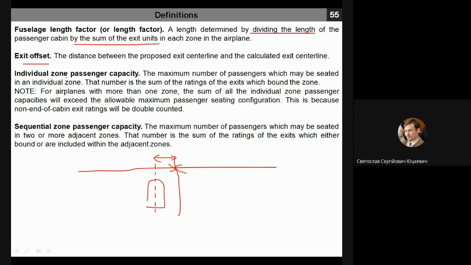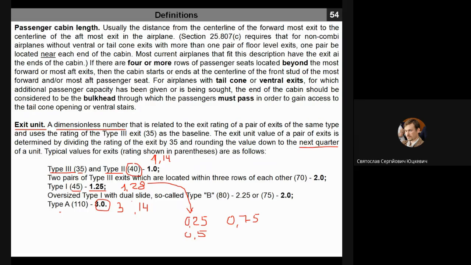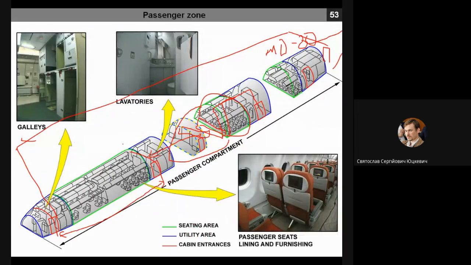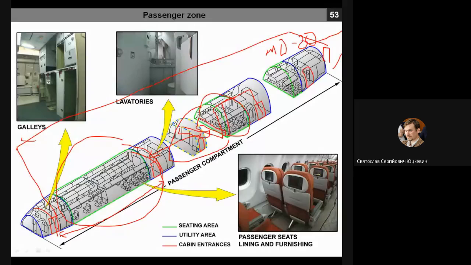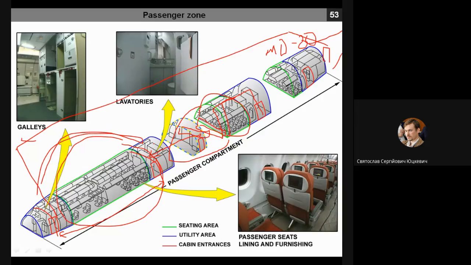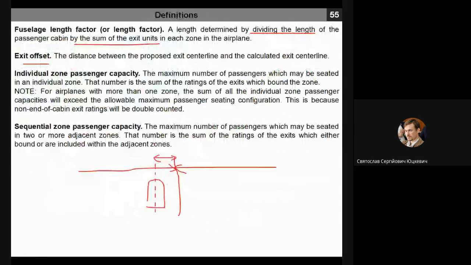Then individual zone passenger capacity. We talk about the passenger capacity for this part of cabin, and it will be determined by the pair of exit in aft and upper forward part of fuselage. And sequential zone passenger capacity.